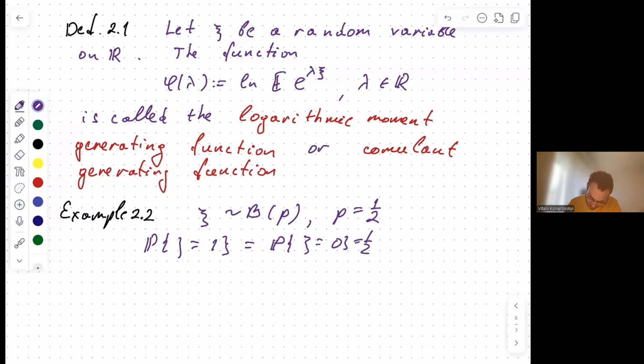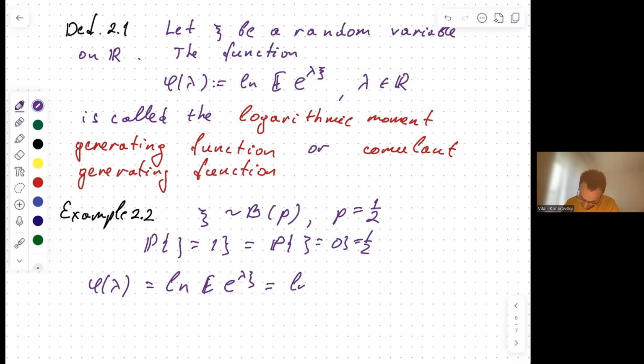And then you see that this function phi lambda is, as before, the logarithm of the expectation of e to the lambda xi. And now we need to compute the expectation. Maybe for some of you, I just say that here we go through all values of the discrete random variable, and we take the value of this random variable and multiply by the corresponding probability that this value is taken.